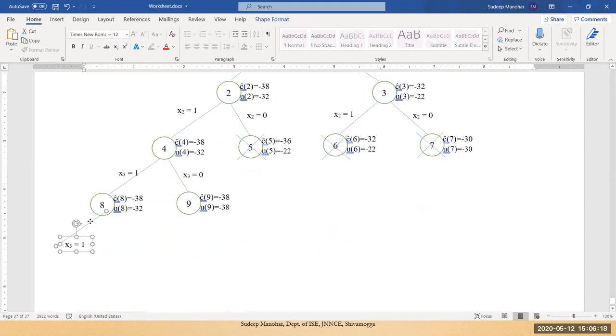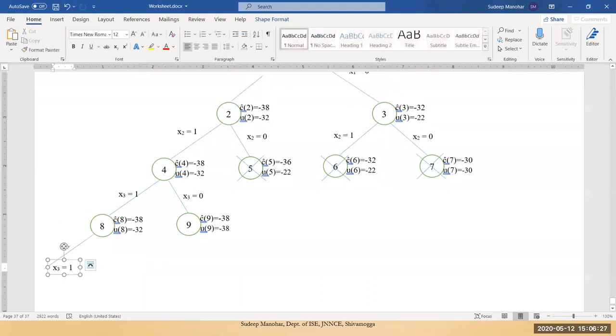When you consider item number 4, that means all 4 items you are considering full. So it is not a feasible solution. You cannot consider all 4 items full. Therefore, this x4 is equal to 1 branch becomes an infeasible solution, because the 4th item you cannot consider as full.